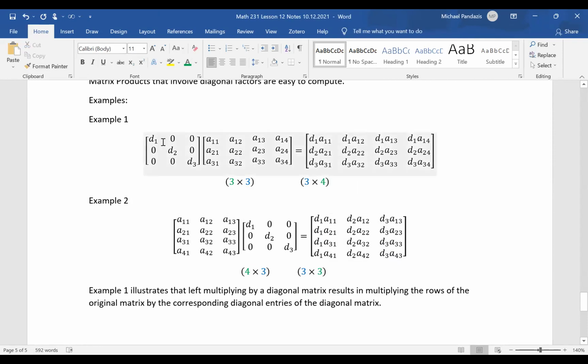That means that the first entry in the main diagonal is D1, so you multiply the first row by D1. The diagonal entry in the second row is D2, so you multiply the second row by D2 and so forth.